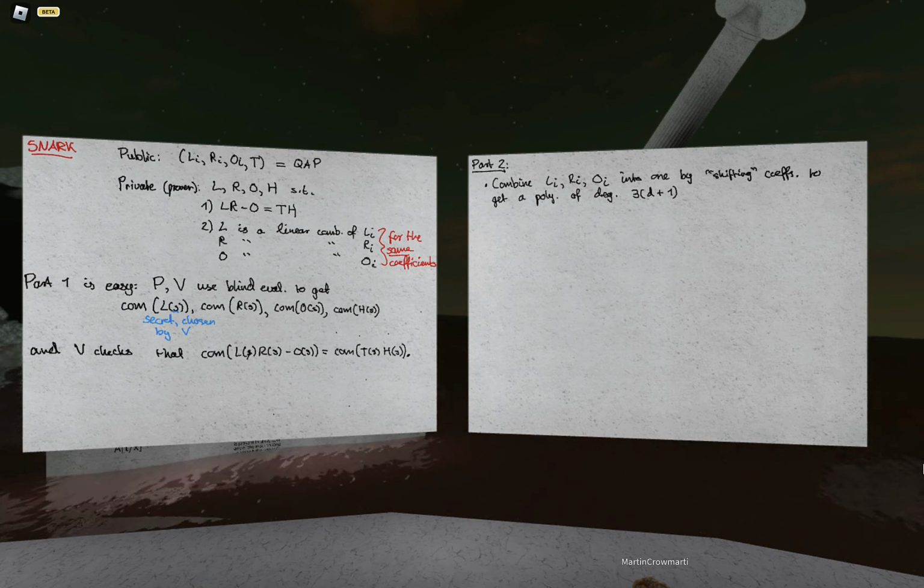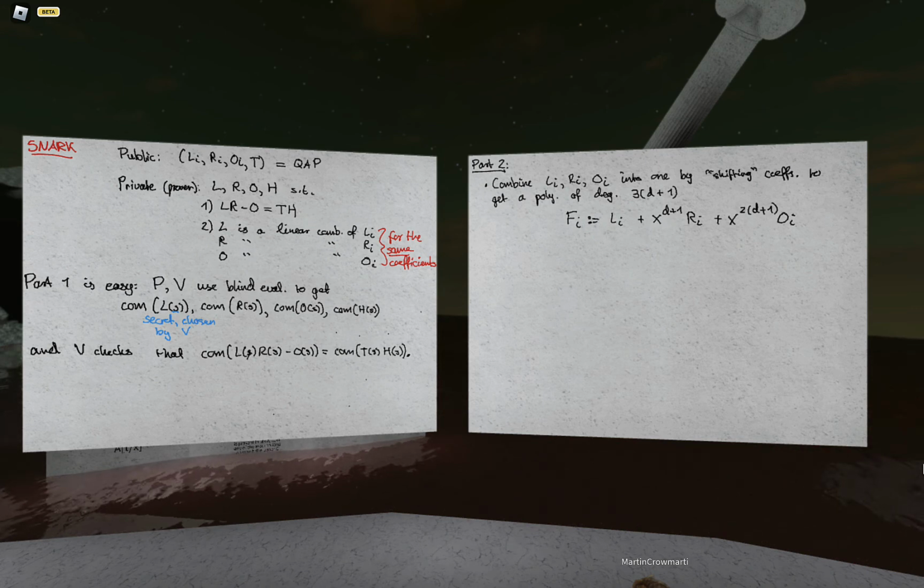What do I mean by that? It's very simple. Fi is defined to be Li plus x to the power of d plus 1 times Ri plus x to the power of 2 times d plus 1 times Oi. So now we have all the coefficients from Li, Ri, and Oi in one, and they're not going to interfere with each other because they're attached to different powers of x.